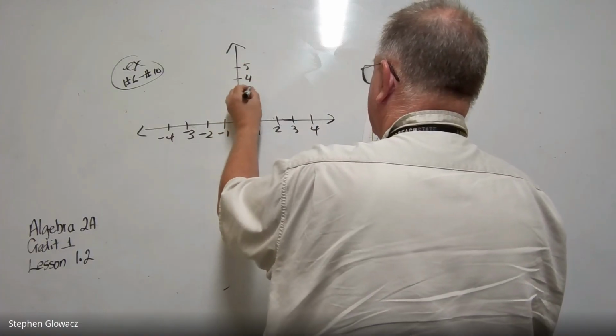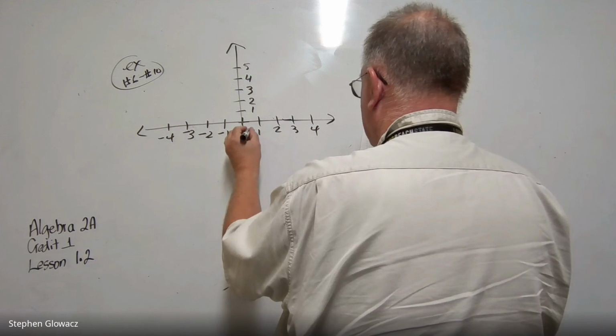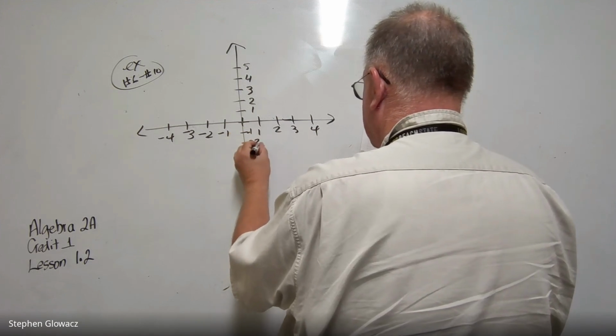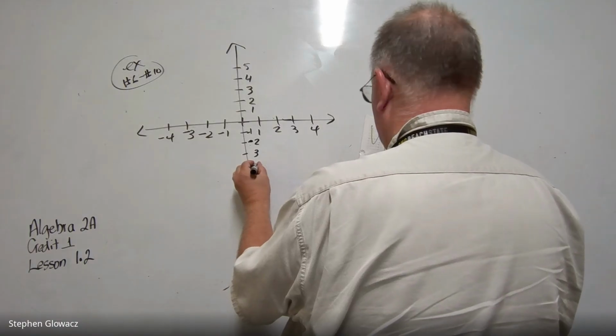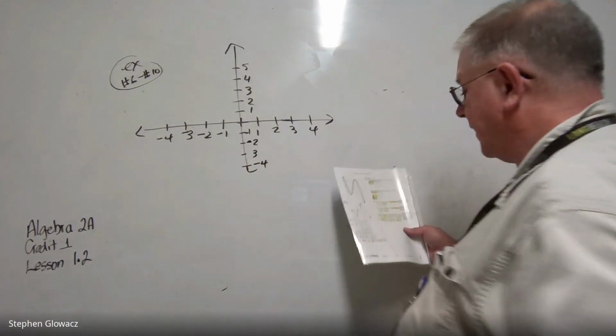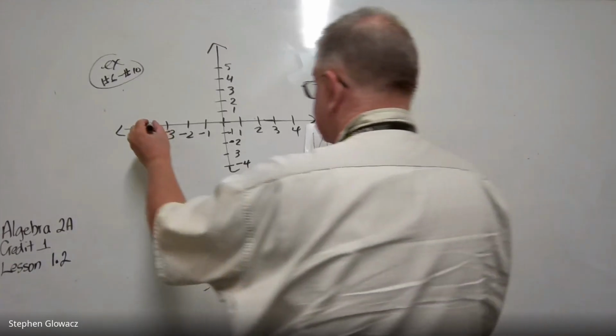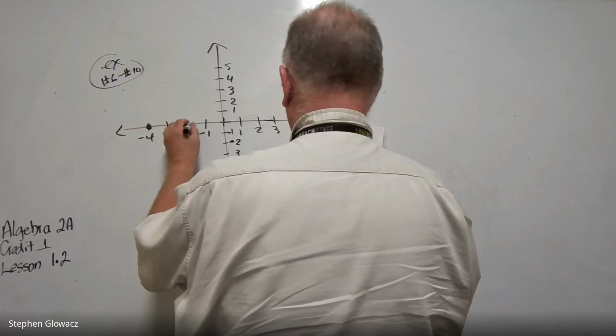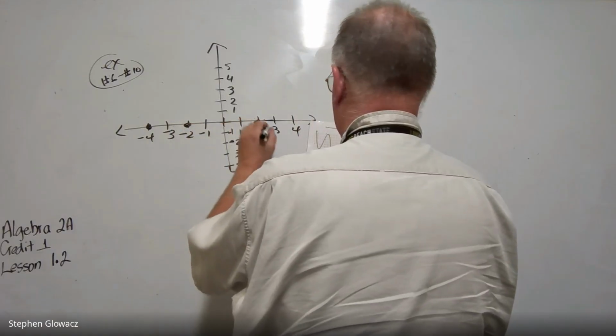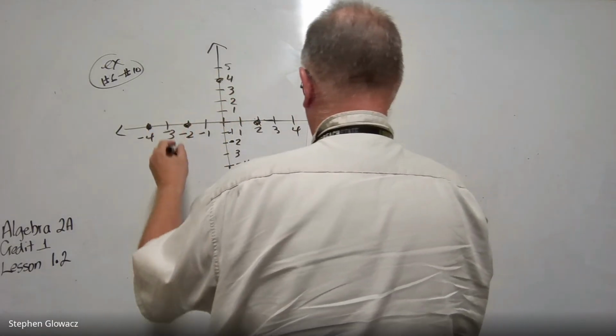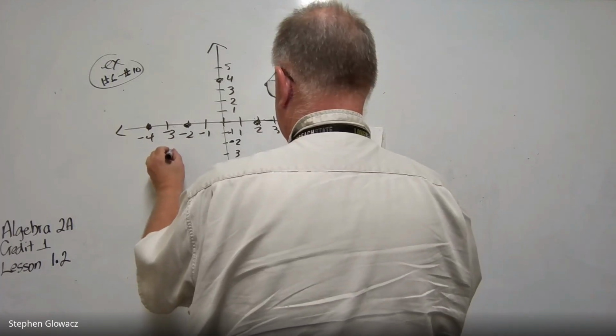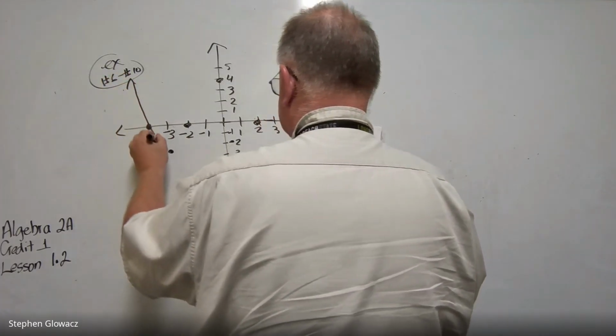Let's maybe go up to there. And -1, -2, -3, -4, I think is far enough. Okay, good. All right, so we're going to cross here, here, and here. And we're going to max out there and minimum there. Okay, so let's go ahead and sketch that in.